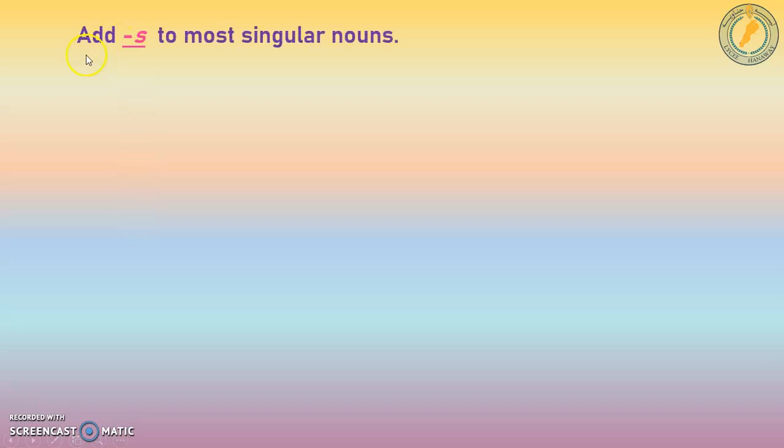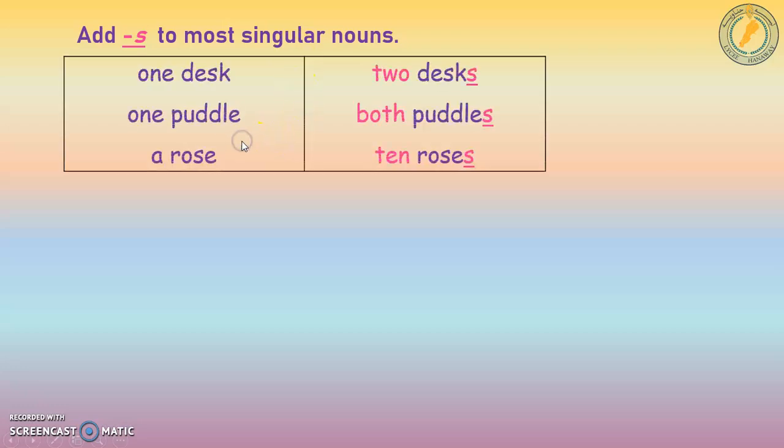As we have said before, we have to add an S to most singular nouns to make them plural. A singular noun means a noun that talks about one. For example, desk, desks, puddle, puddles, rose, roses.